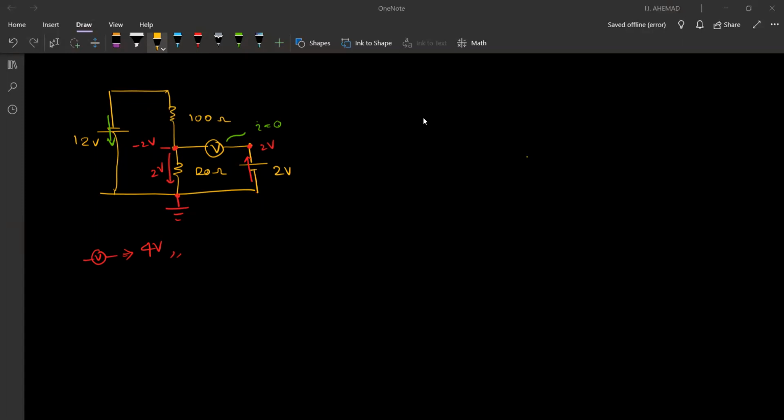Let's look at question number 3. In question number 3, we have 15 ohm and 5 ohm, a voltmeter, a 9 volt battery, and a 12 volt battery.